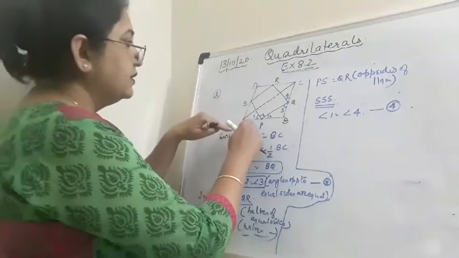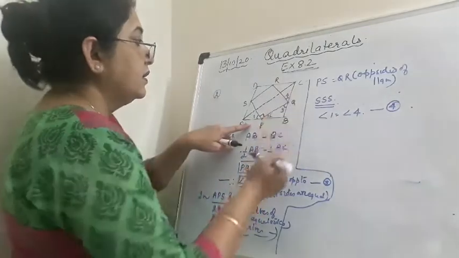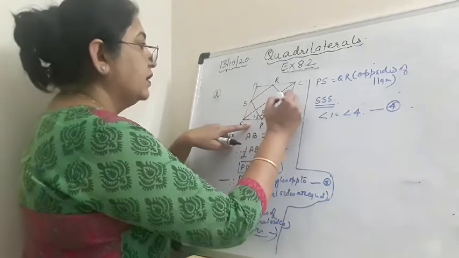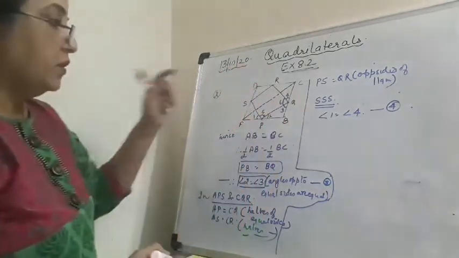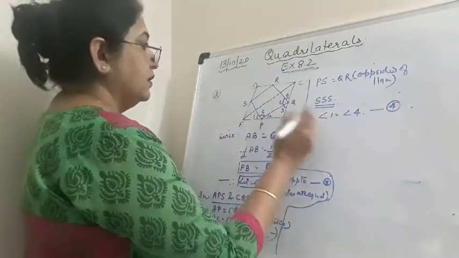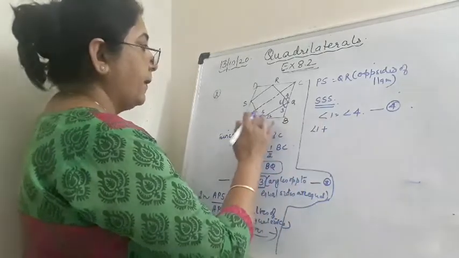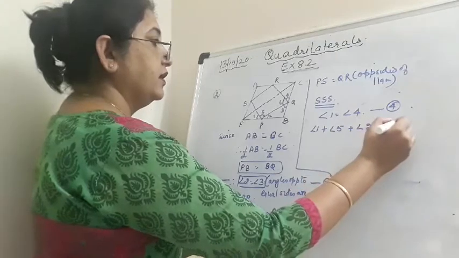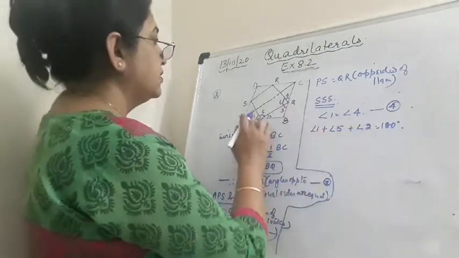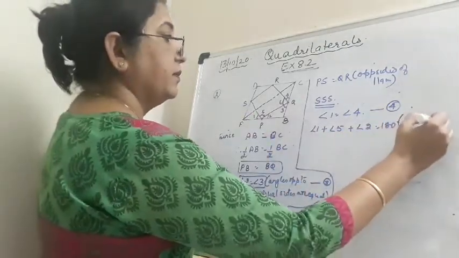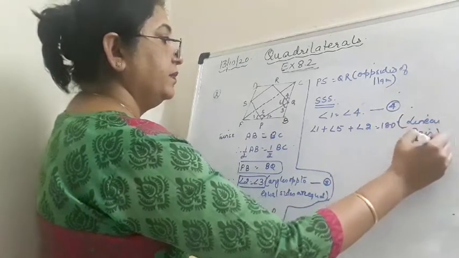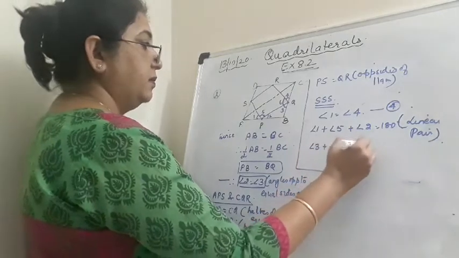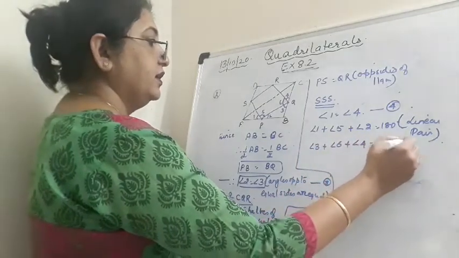Now let us take these 3 together. Let this be 5 and this be 6. Now we write angle 1 plus angle 5 plus angle 2 is equal to 180 degrees. This is forming a linear pair. Similarly here, 3 plus 6 plus 4 equals 180 degrees.